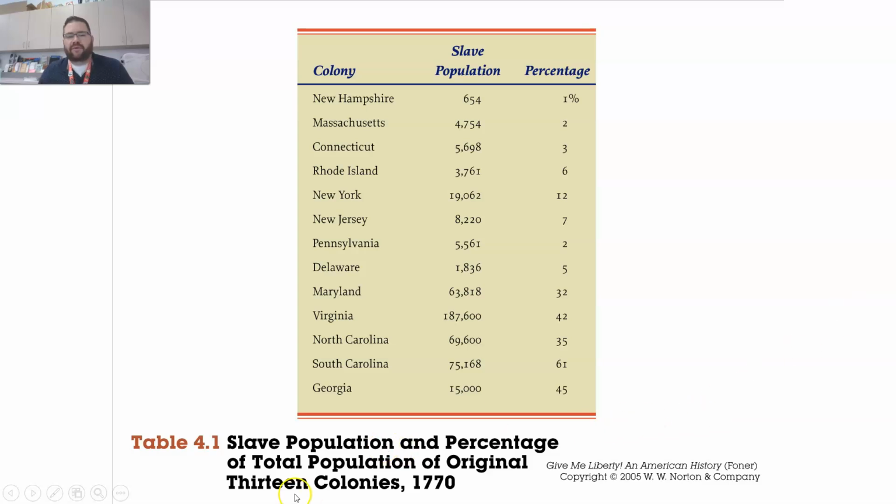This is a table that is showing the slave population and the percentage of the total population within the original 13 colonies in 1770. I know that this is jumping us a little bit ahead from the time period in which we were looking. But in 1770, this is just 6 years before the Declaration of Independence.